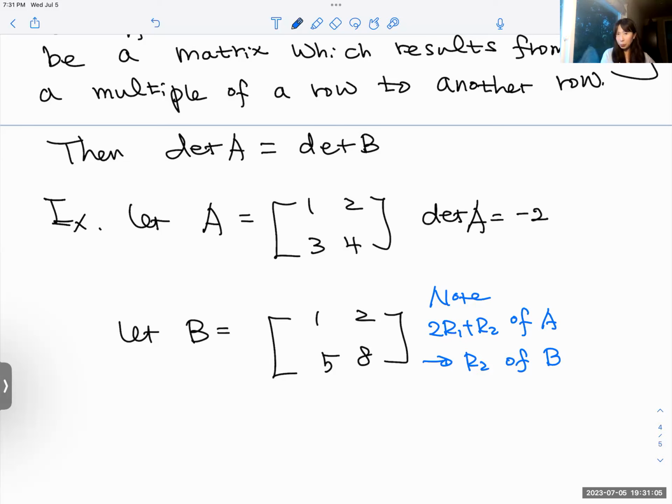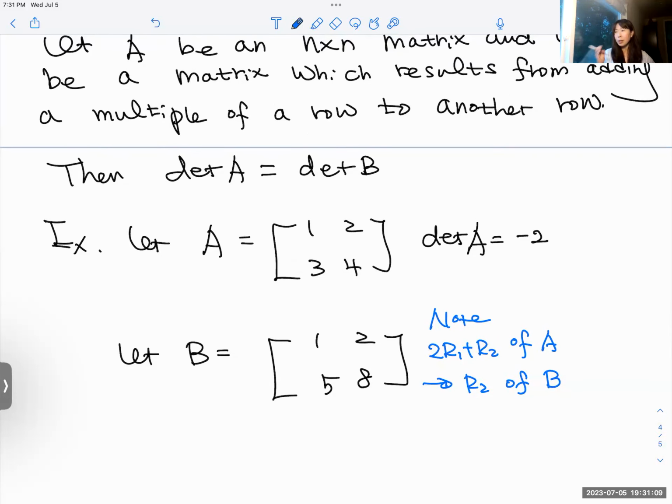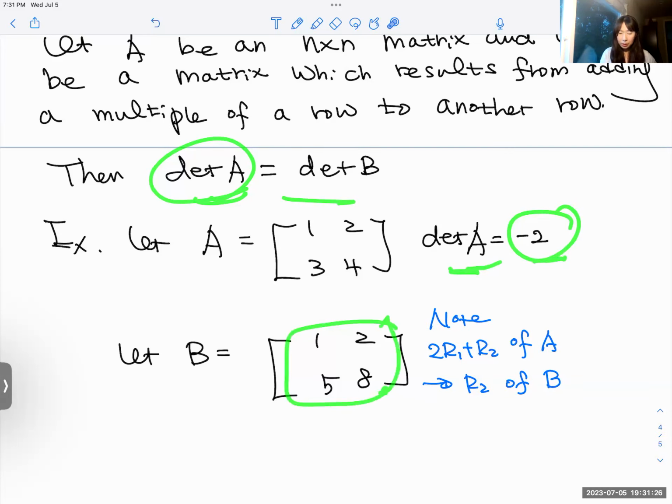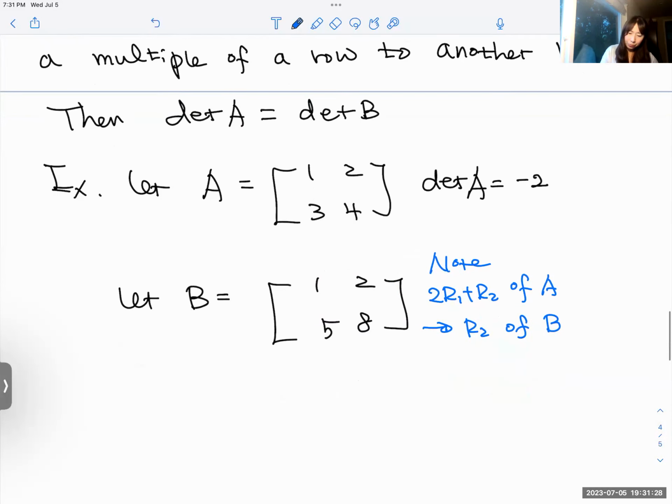So we call this a replacement, right? So we have a scalar and add to another row. Okay, so then we knew that the determinant of A equals the determinant of B. So since the determinant of A is -2, so does this one, right?